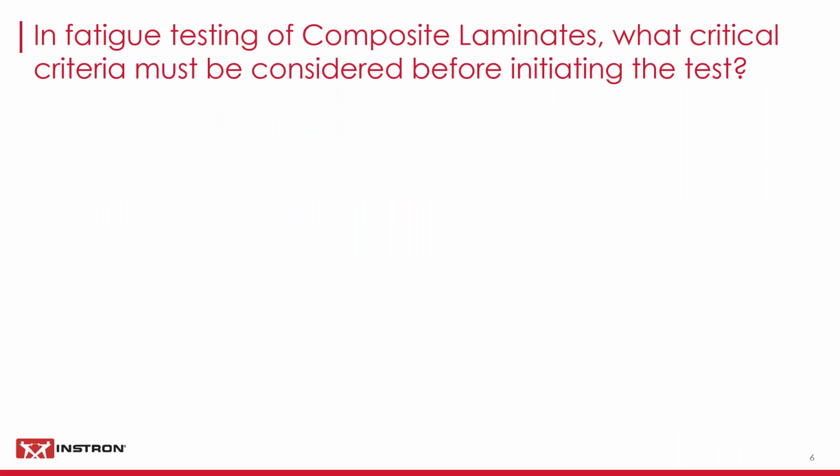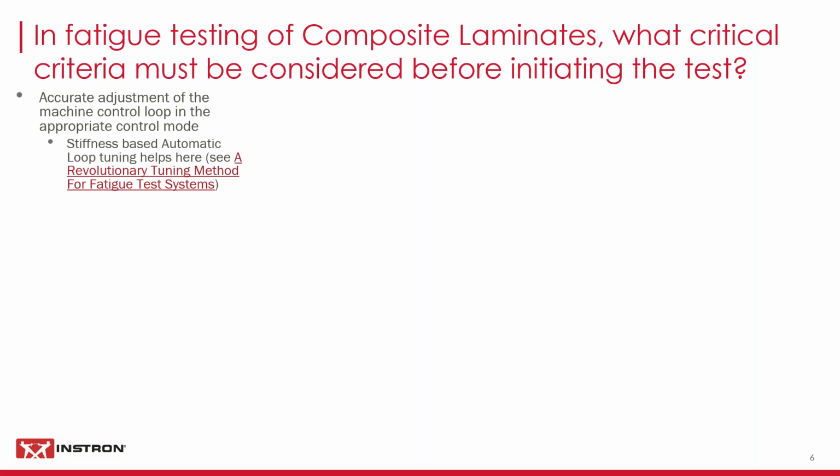Okay, moving from tensile static properties to fatigue testing. In fatigue testing of composites, what criteria must be considered before starting a fatigue test or a cyclic test? So first thing is accurate adjustment of the machine control loop, loop tuning.